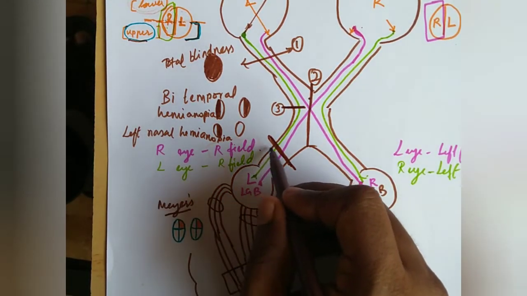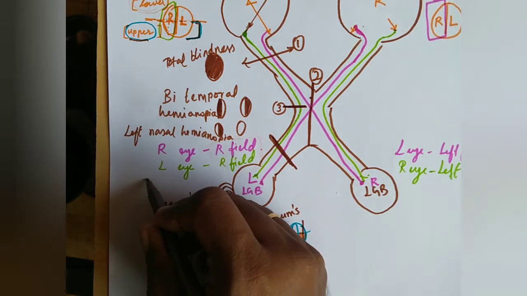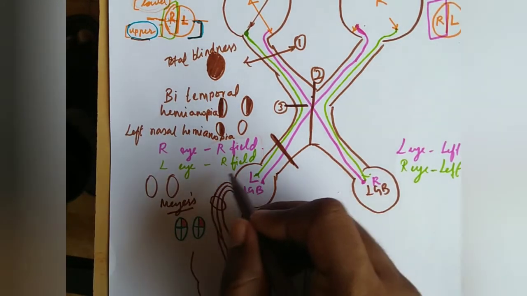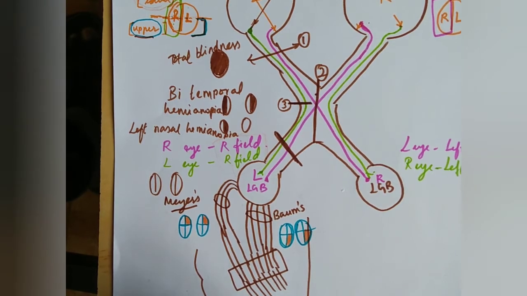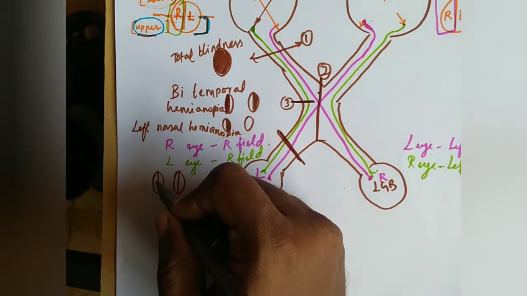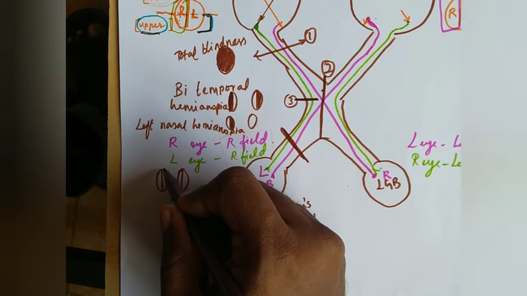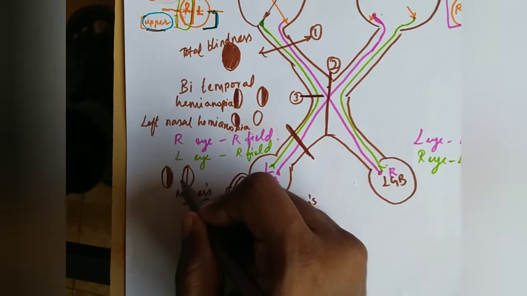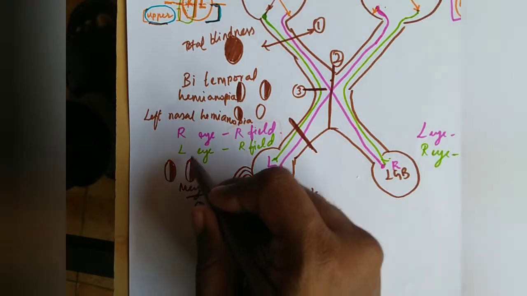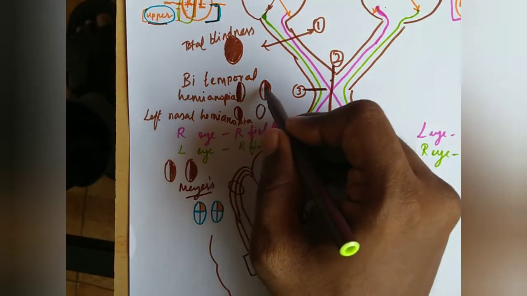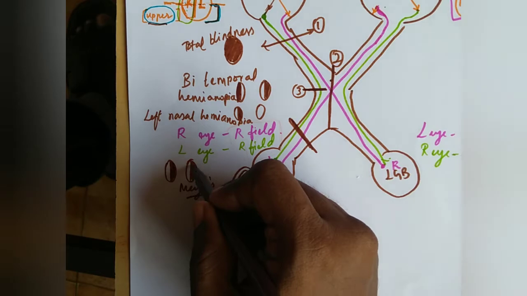So it is actually taking the right eye's right field and left eye's right field. Both right fields are spoiled. So this side right field is here, this side right field is here. Okay, it is a little different from bitemporal. Here this side is nasal, this side is temporal.